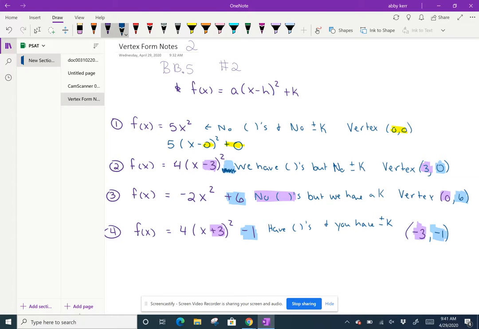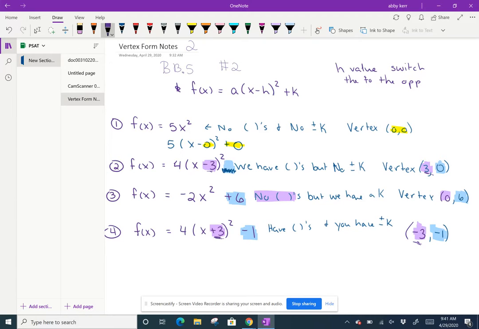So for the h value, you switch to the opposite. So in number 2, I switch negative 3 to be a positive 3. And for number 4, I switch a positive 3 to be a negative 3.